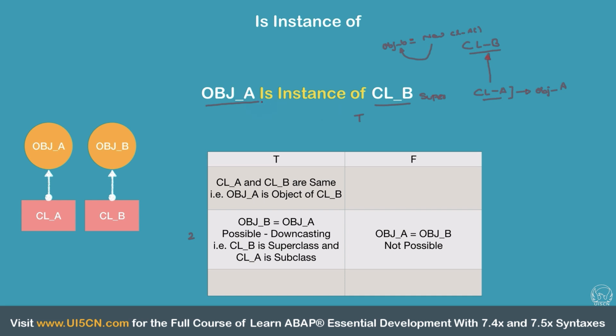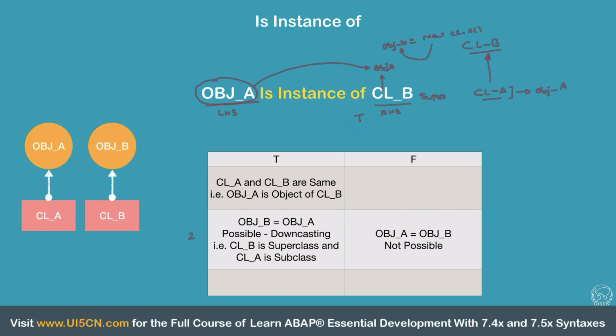Or in a simple form, what I can say is: if I can assign the left hand side object into an object created from the right hand side class, so if I can basically assign this obj_a into this object, then it will give true.